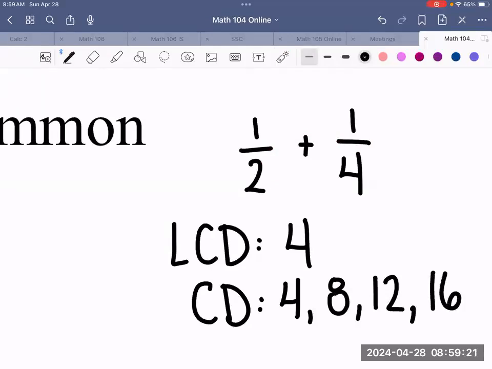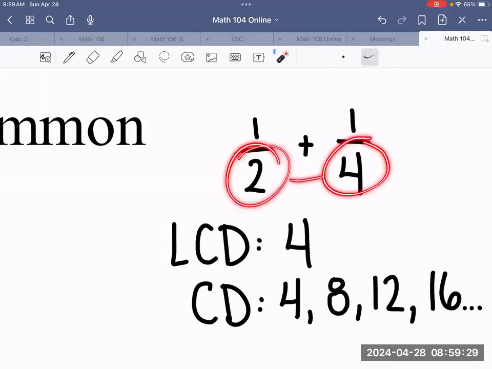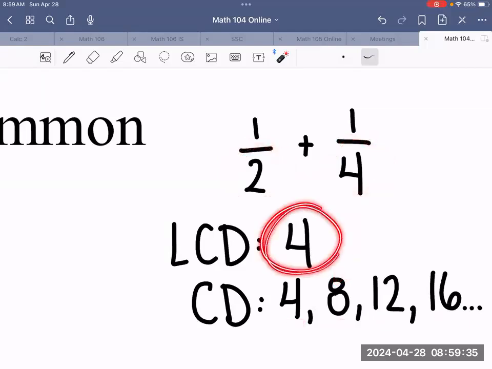These can keep going. These are all values that both of these numbers can be made into: 4, 8, 12, 16. But the smallest one possible is 4.